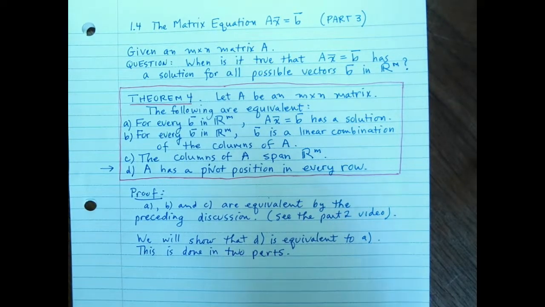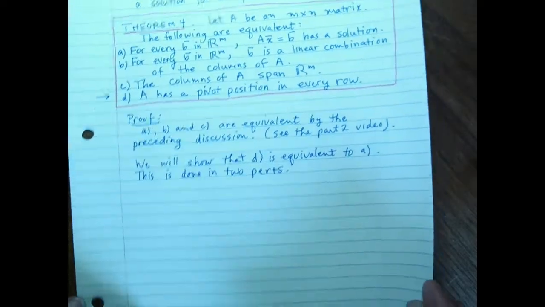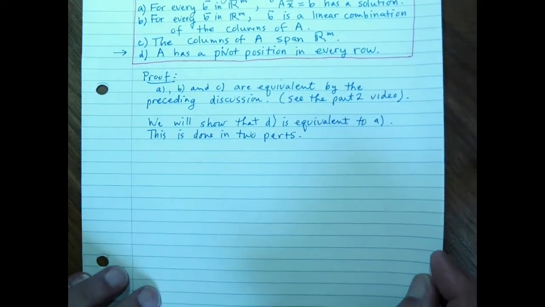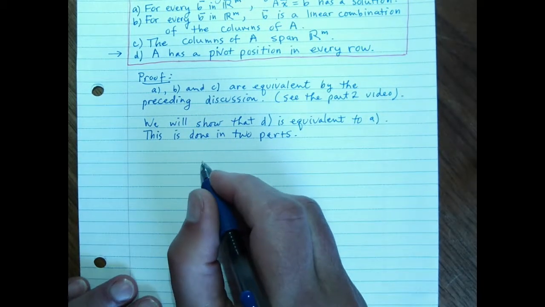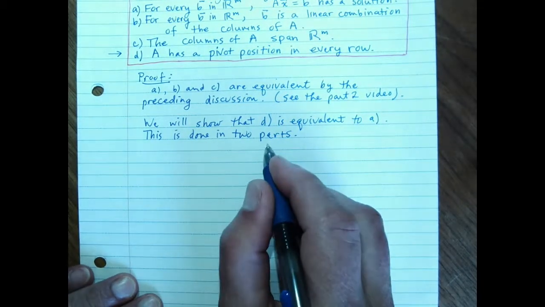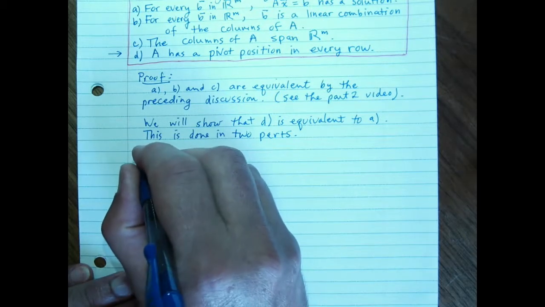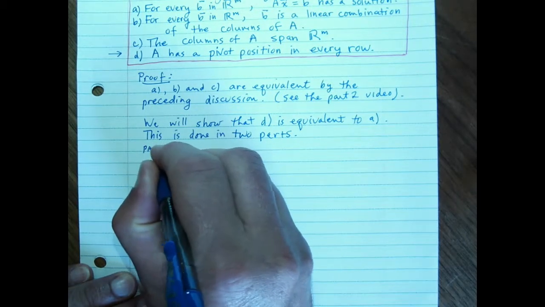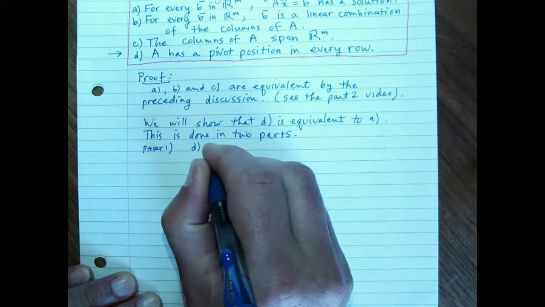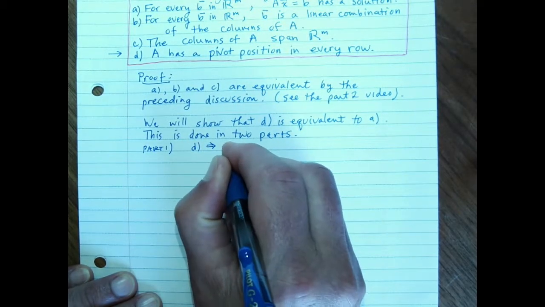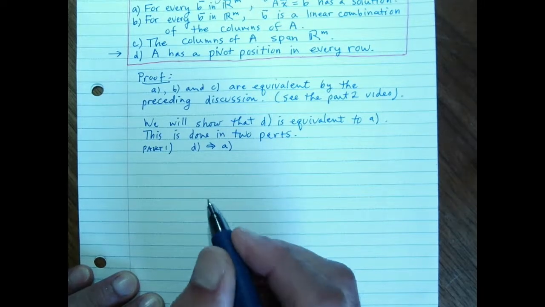Now this is where we're going to get kind of abstract, and just try to follow along the argument, and if anybody wants to come and talk to me about it, I'd be happy to go over the details. So part 1 is the D implies A portion of the argument.